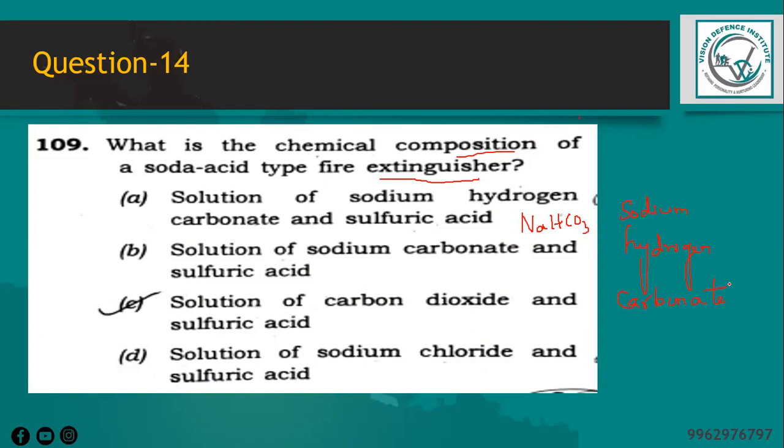And the other compartment contains a solution of sulfuric acid and water.